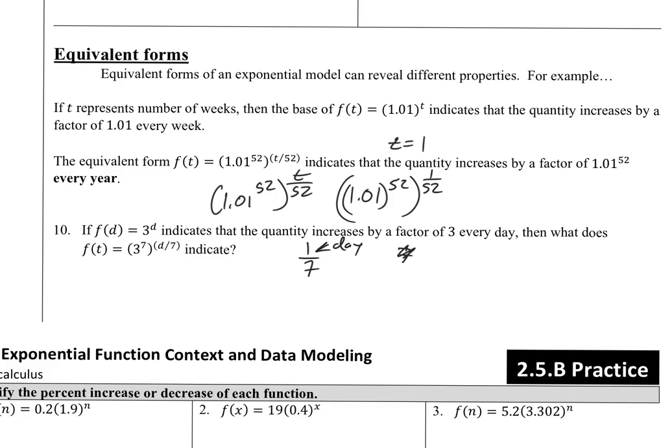So 1/7 is 1 day of a week, or 1/7 of a week. So this would represent the change per week, or tripling every week. So you're going to look for those little conversion factors. Whatever they're dividing by is your hint of what they're changing it to.